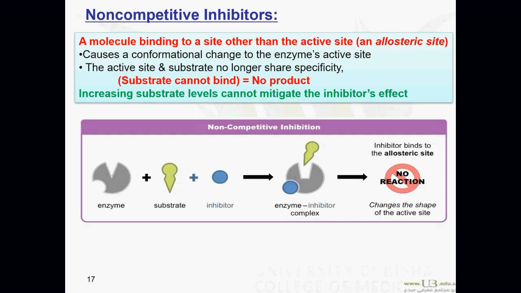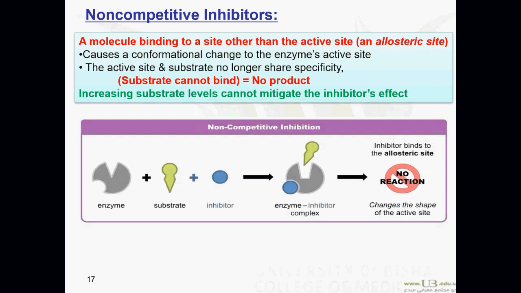So the non-competitive inhibitor binds at a different position or a different site of the enzyme, the prosthetic site, changing the active site of the enzyme and preventing the binding of the substrate. It will give no reaction between the one-to-one substrate and enzyme in the presence of one inhibitor.